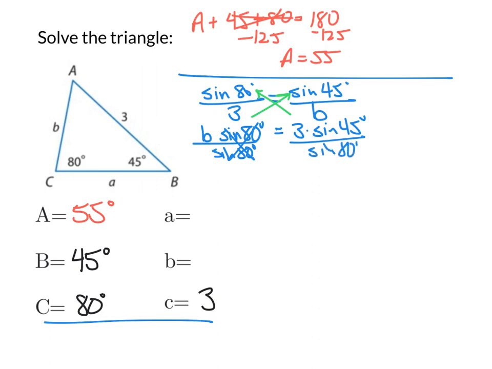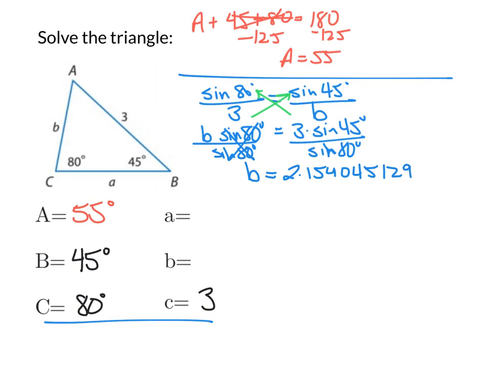Now be careful when you're typing these things in. Make sure that you have an open parenthesis, you close the parenthesis, make sure you got your fractions all right. It may be better to take it in two pieces and do sine of 45, enter, times 3, enter, divided by sine of 80. But if you do it correctly, your calculator should say 2.154045129.